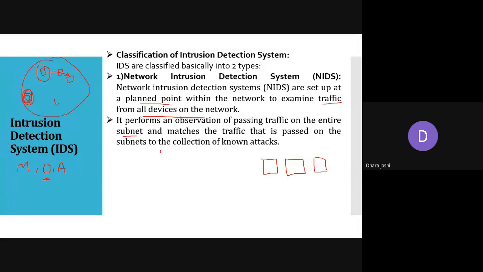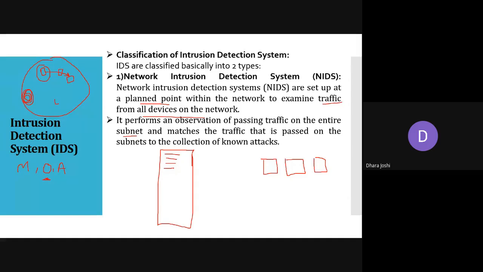So NIDS has a list of attacks till now. In total, how many attacks can be possible on the network? Like the first one is DoS attack, DDoS attack. There can be multiple attacks. So here is one list with NIDS till now: whatever attacks are available in the market, all those attack names along with their patterns. Like when we say this is a denial of service attack, when we can say this is a distributed denial of service attack.